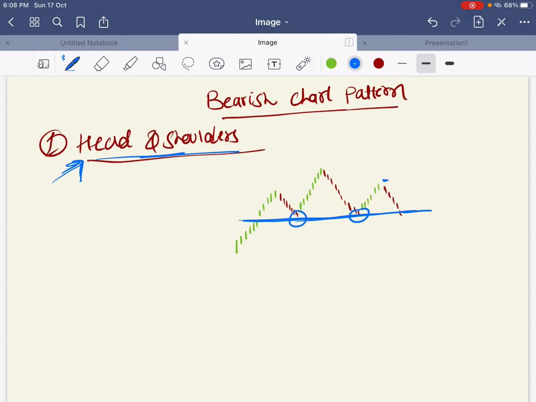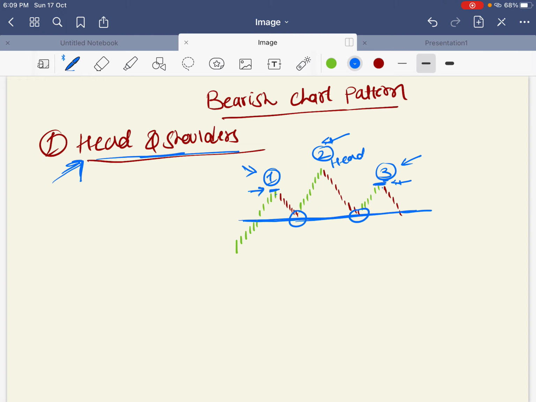As you can see, if we mark these point 1 2 3, 1 and 3 make a same level pattern here. As you can see, it is taking resistance at these 2 point. So these 2 point 1 and 3 are generally called shoulders, and this point is called the head.